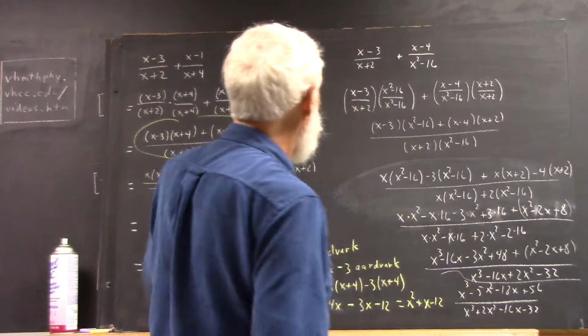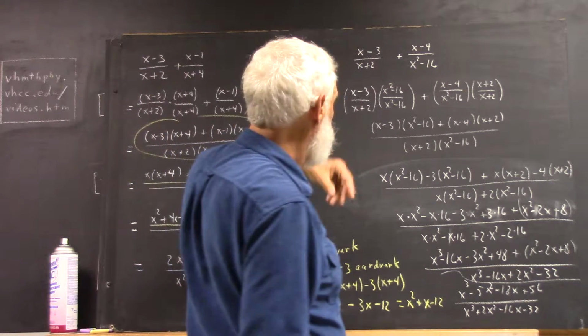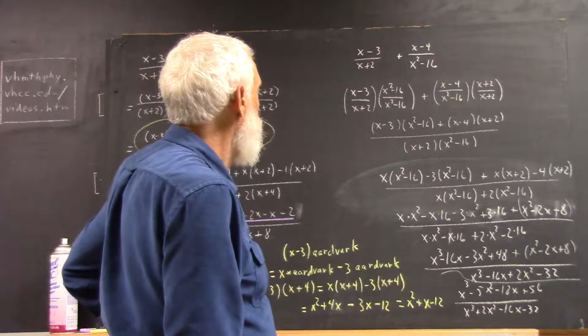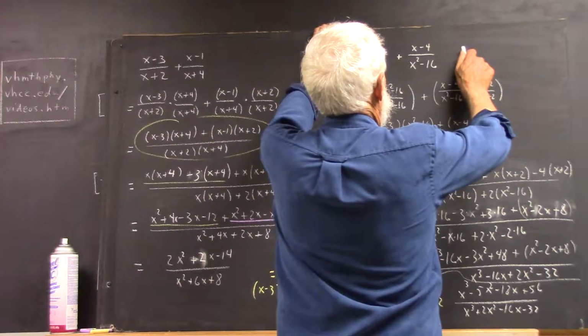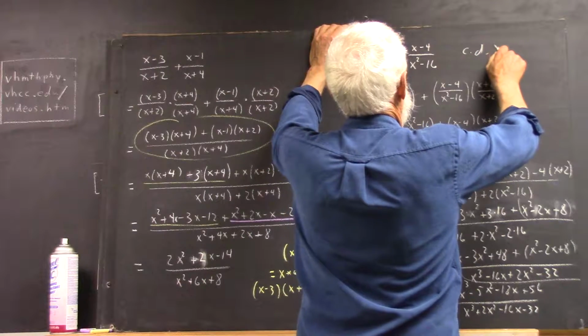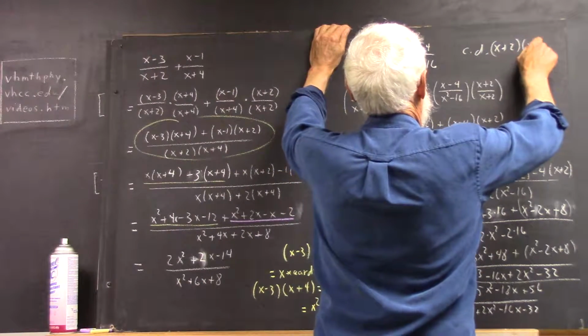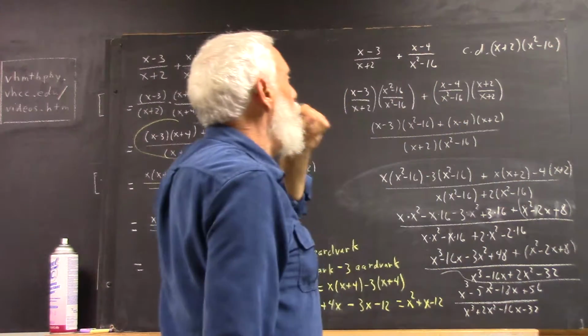Okay, now we're working this side. And we can use, for a common denominator, I didn't write it down here, I said the common denominator would be x plus 2 times x squared minus 16.